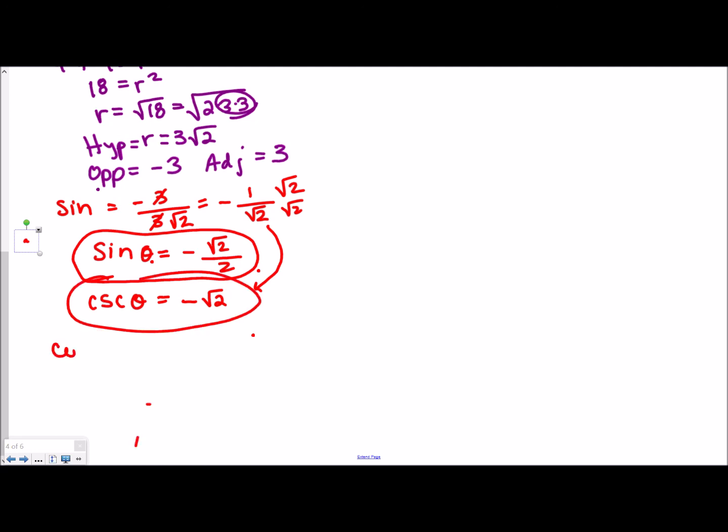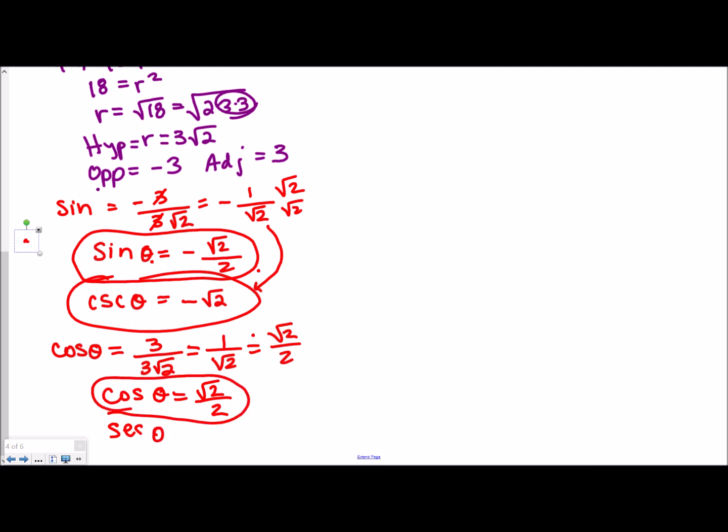Okay, cosine. This time it's 3 over 3 square root of 2, which is 1 over square root of 2, or square root of 2 over 2. So cosine is square root of 2 over 2, positive, and that means that secant is just positive square root of 2.